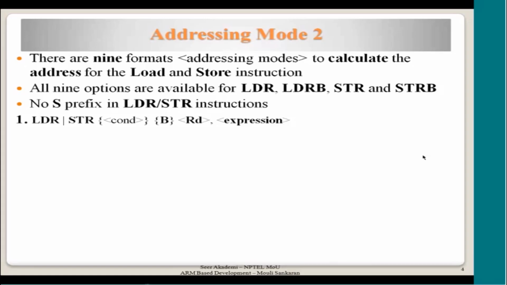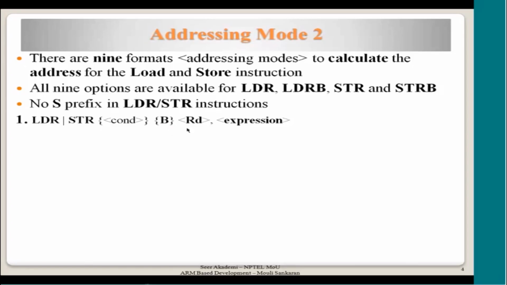Now, this is the format. For LDR or STR, optionally you can mention a condition such as EQ, NE, MI, PL, and you can say whether it is a byte transfer or not. If you don't mention B, it defaults to a word transfer, and there is no S field. You can see there is no S within curly brackets, like what you saw in the data processing instruction.